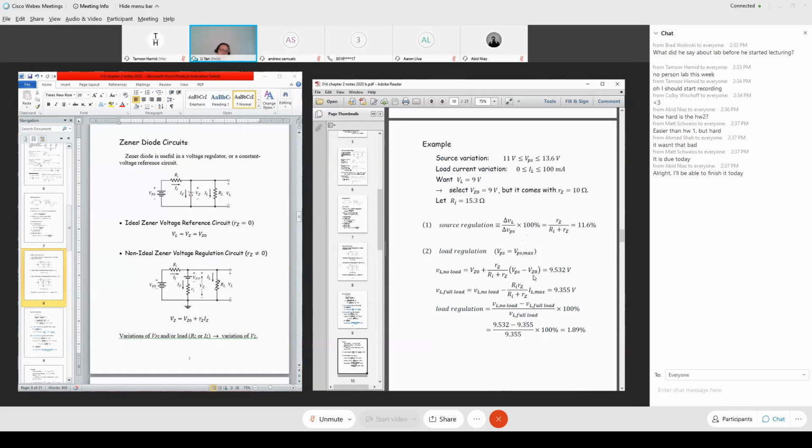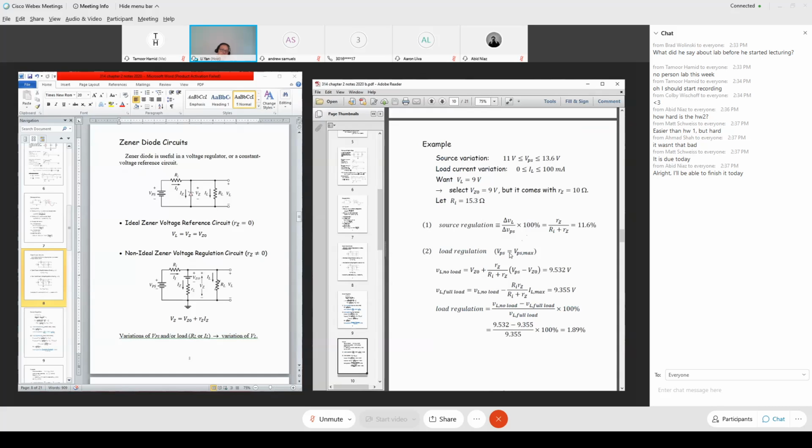Completing this calculation gives you 9.532 volts. Yes, we want to stabilize at 9 volts, but in reality we get 9.53 volts. This 9.53 volts is under the condition that the load current is 0.